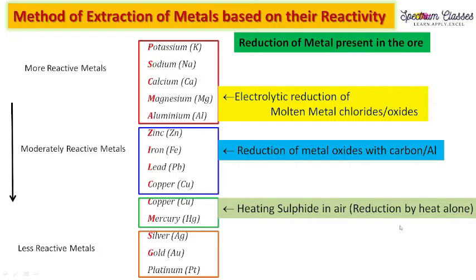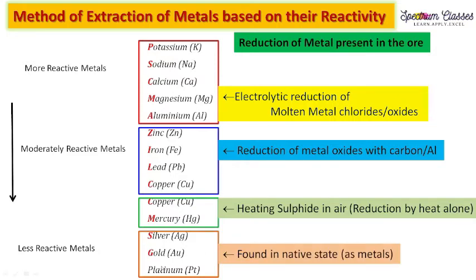Here we have three different methods for the reduction of metals. And gold and platinum are found in their native states. So what you have seen here: electrolytic reduction for highly reactive metals, reduction by carbon and aluminium for moderately reactive metals, and heating of sulfide ores in air, and on further heating they convert into metals.